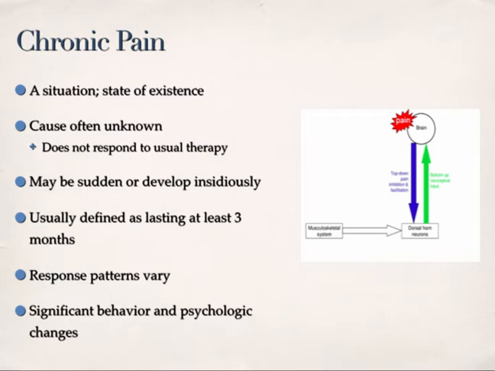I added the image on the right because, like I mentioned, there's a lot of changes in terms of neuromodulation with the brain in chronic pain. When you think of acute pain, it basically starts at that peripheral area. So you have that bottom-up recognition. You feel pain, it gets transmitted up to the brain, and then you get that pain response.